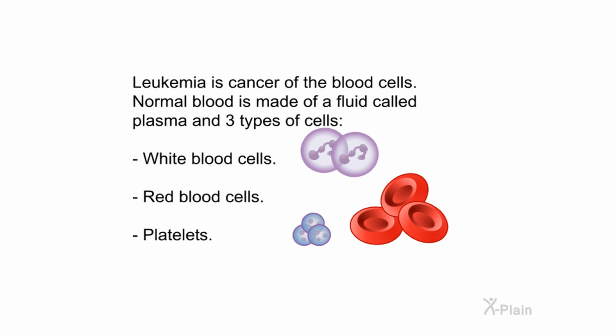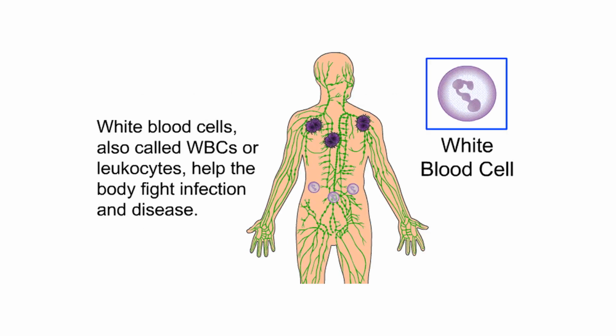Leukemia. Leukemia is cancer of the blood cells. Normal blood is made of a fluid called plasma and three types of cells: white blood cells, red blood cells, and platelets. White blood cells, also called WBCs or leukocytes, help the body fight infection and disease.